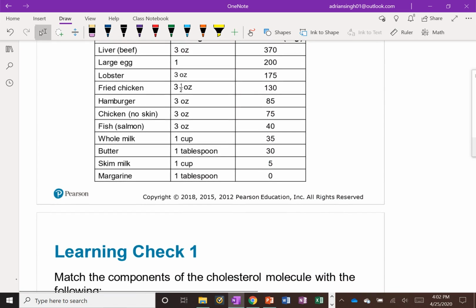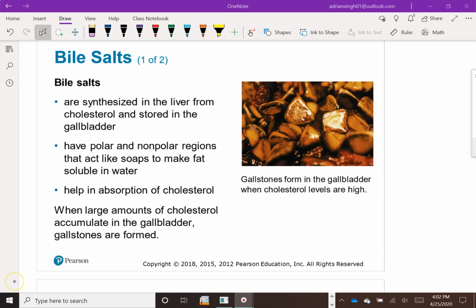That's just interesting information. One downstream consequence of cholesterol is the formation of things known as bile salts, which are made in the liver from cholesterol, and they're stored in the gallbladder. These are going to have both polar and non-polar regions as well, as we'll see why in a second. And they actually make fats soluble in water when they otherwise would not be.